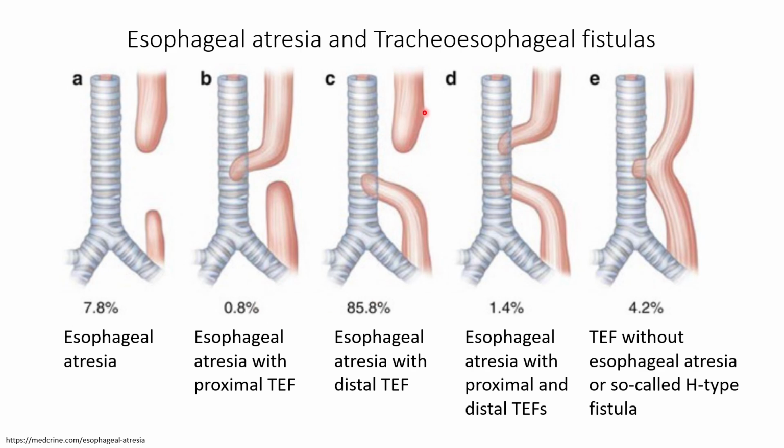There is esophageal atresia with distal tracheoesophageal fistula. In D, there is esophageal atresia with both proximal and distal tracheoesophageal fistulas. And in E, there is no atresia, there is only fistula, so it is also called H-type fistula.